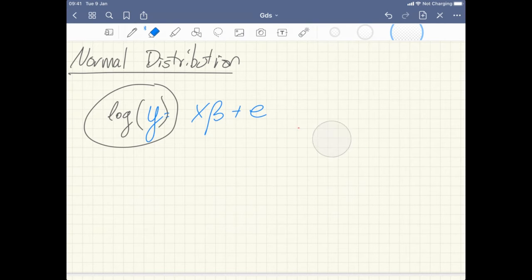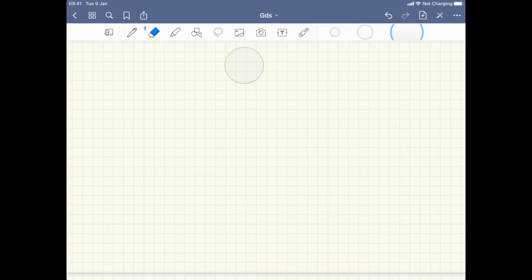And the reason why distributions are important is because regression is just a fancy way of specifying a normal distribution. Okay? What do I mean by that?